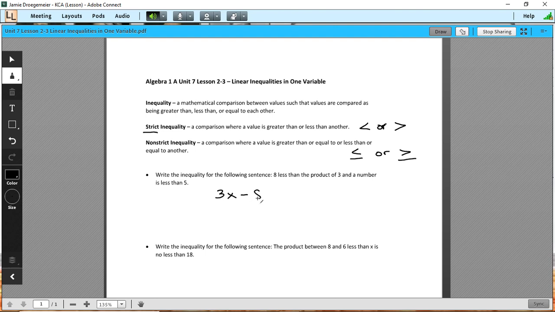So we would subtract 8 from that 3x or 3n, whatever variable we're using. So that product of 3 and a number, 8 less than that, this is going to be less than 5. So this expression less than 5, that's how we would write that inequality. All right, let's go ahead and take a look at our next one then.